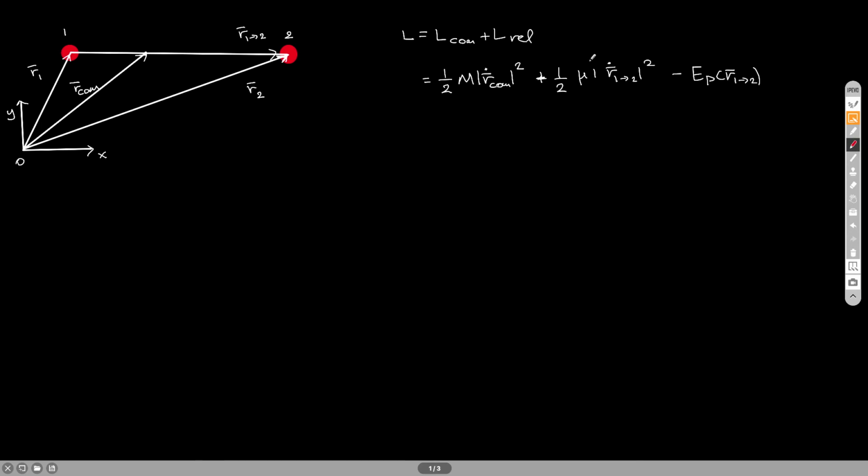Let's make some notes. So this here is the reduced mass. This is the speed of 2 with respect to object 1, and this is the potential energy of the system.